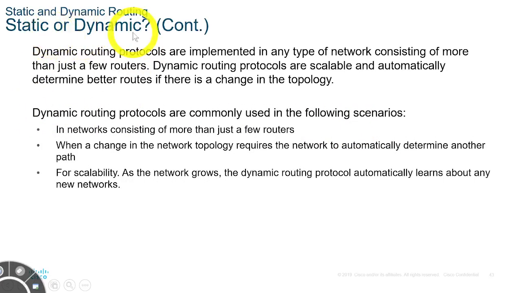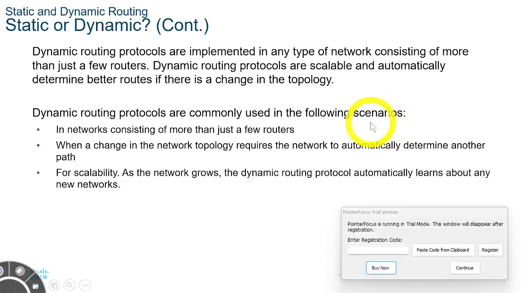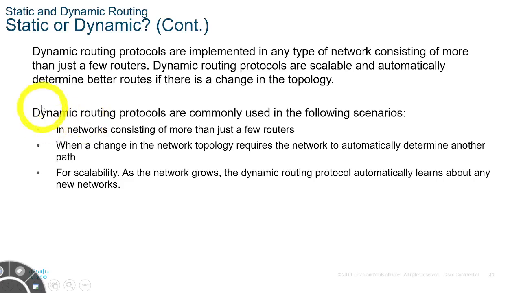Dynamic routing, static or dynamic, continued. So dynamic routing protocols are implemented in any type of network consisting of more than just a few routers. For a network that has a large number of routers, we use dynamic protocols because we depend on them to help create, maintain, and update the routing tables.